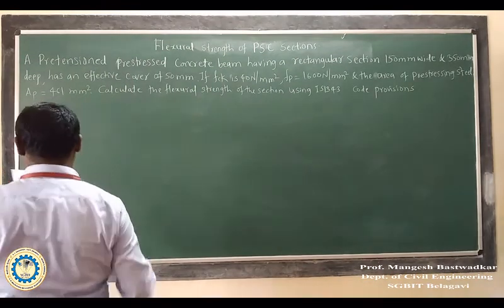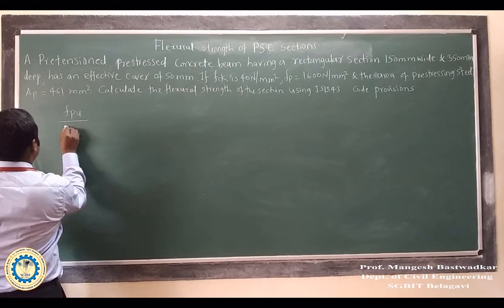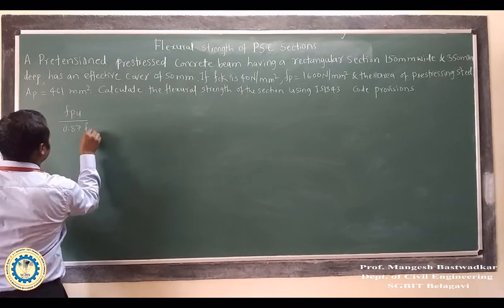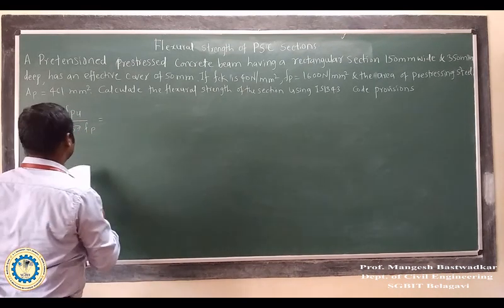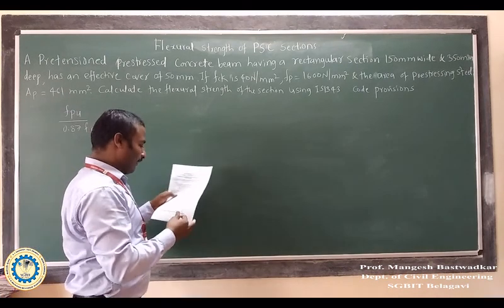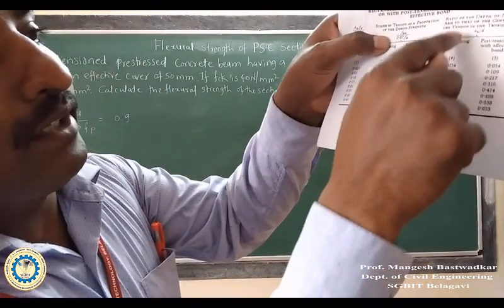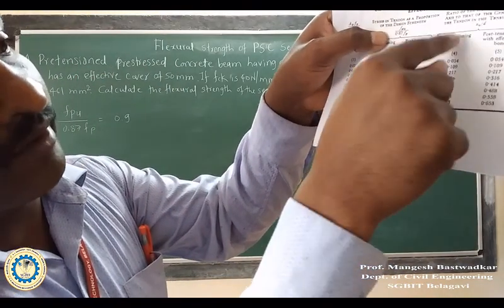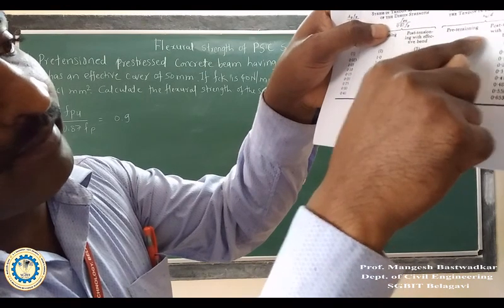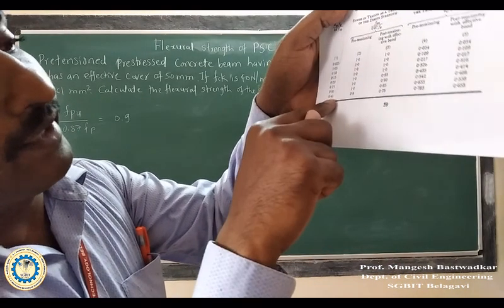So this value of fpu divided by 0.87 fp is 0.9, and the value of xu by d you can obtain from this, since it is a pre-tension beam, with 0.40 effective reinforcement ratio.